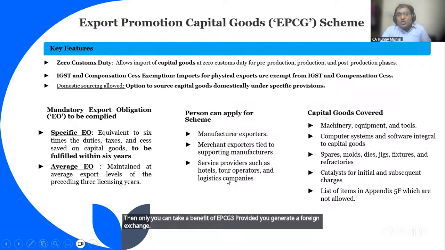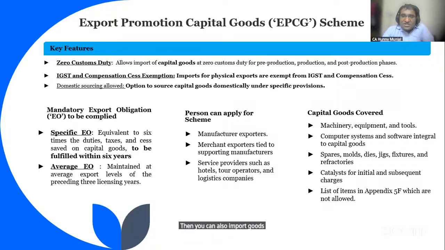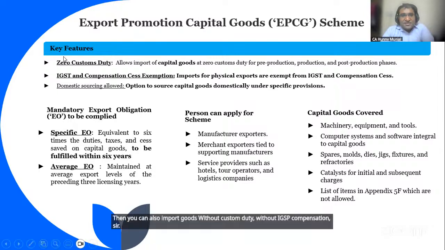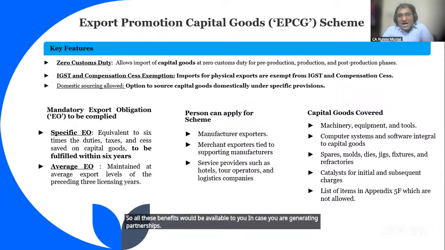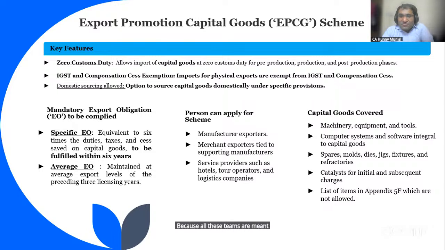And then you can also import goods without custom duty, without IGST and compensation cess. So all these benefits would be available to you in case you are generating foreign exchange, because all these schemes are meant to increase the foreign exchange and reduce the cost of the exporter.